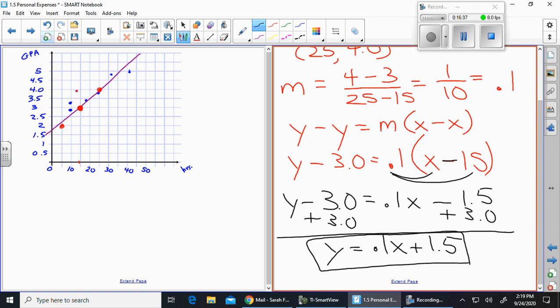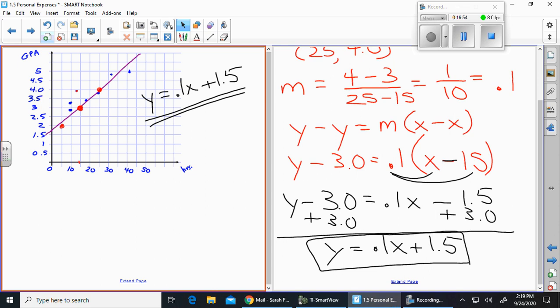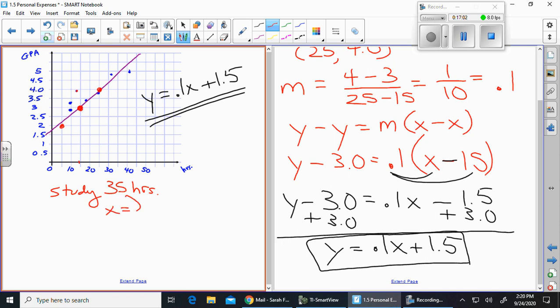So how would you use it if I find that equation as that? I could say, okay, let's say someone studies 35 hours. If they study 35 hours, what's their GPA? Well, that means X is 35.